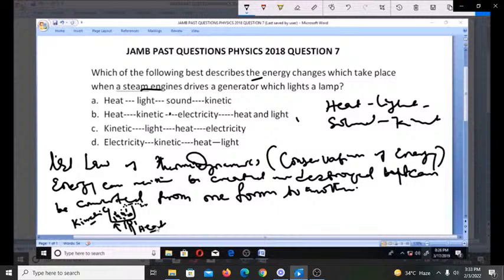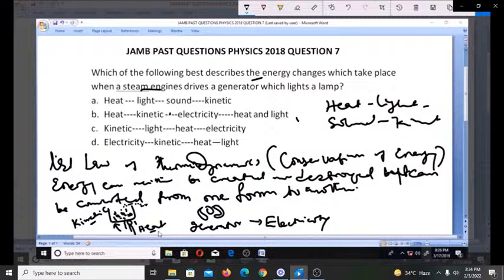When it gains kinetic energy, what do you think will happen? It is going to use the force of the motion of the water to turn the shaft of a generator in order to produce what? Electricity. So when it turns the shaft of a generator, it produces electricity.